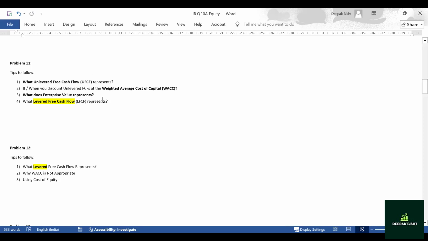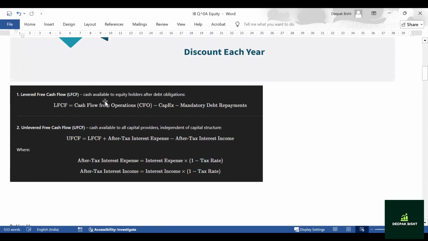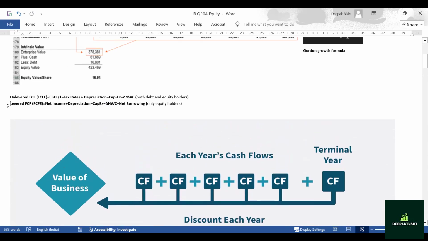We discussed levered cash flow and unlevered cash flow in the previous episode. Unlevered cash flow is for both debt and equity holders, and levered cash flow is only for equity holders.